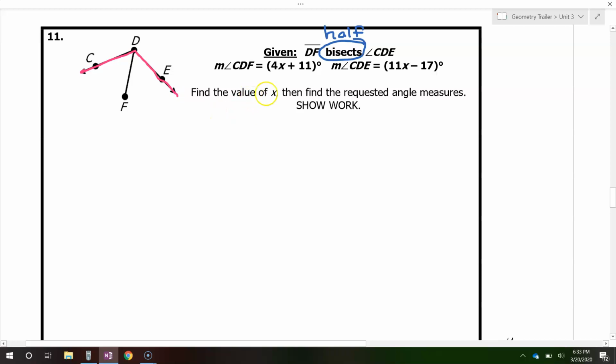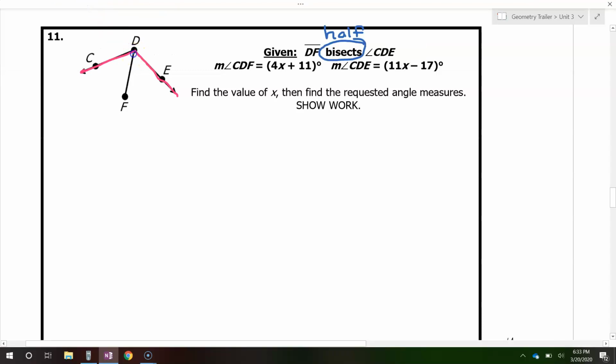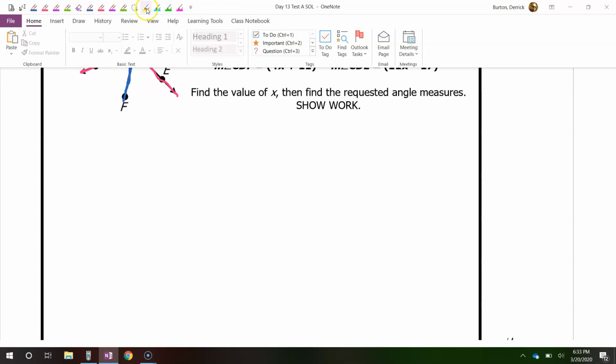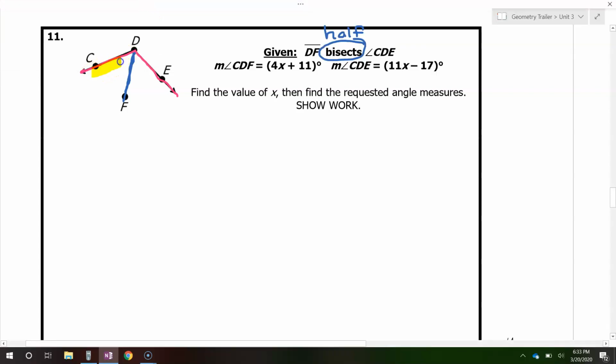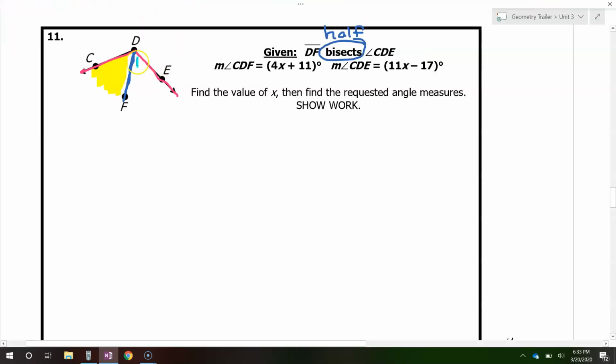So this is the thing that is being bisected. This is what is being cut in half. So segment DF is the thing that's doing the cutting. So that means that the two sides will be equal. So this side should be equal to this side.